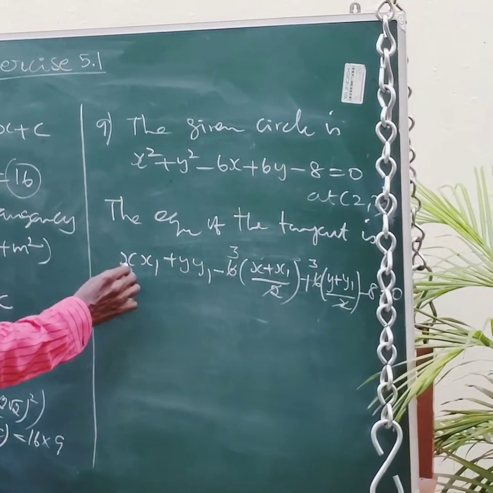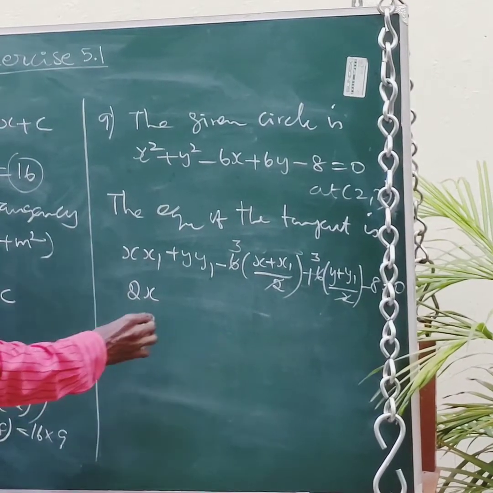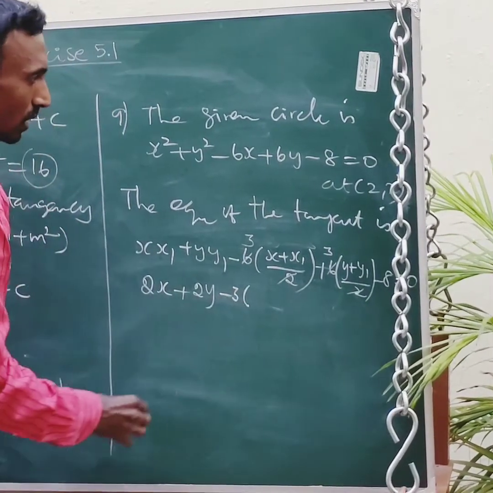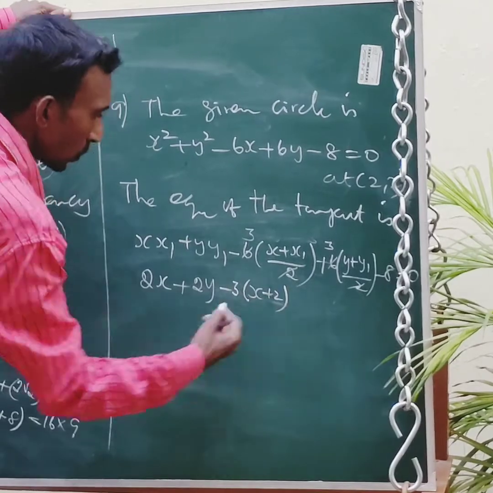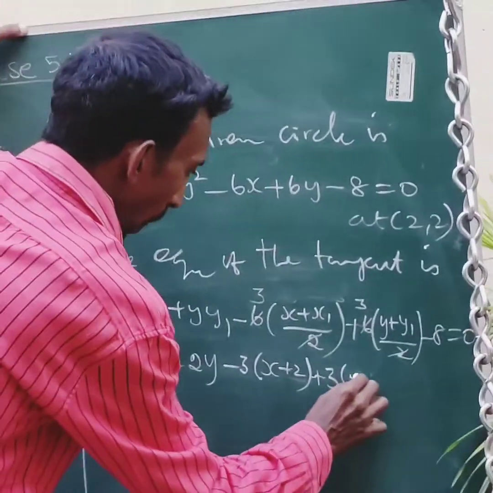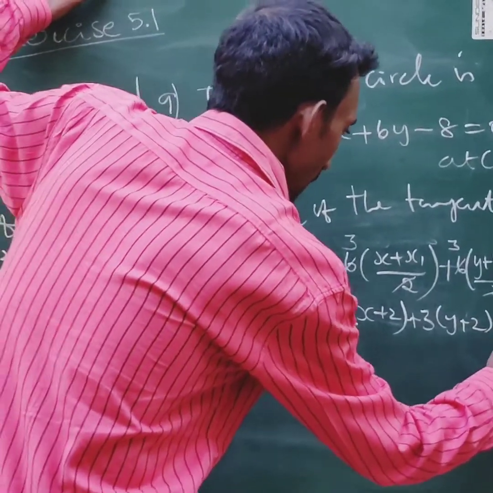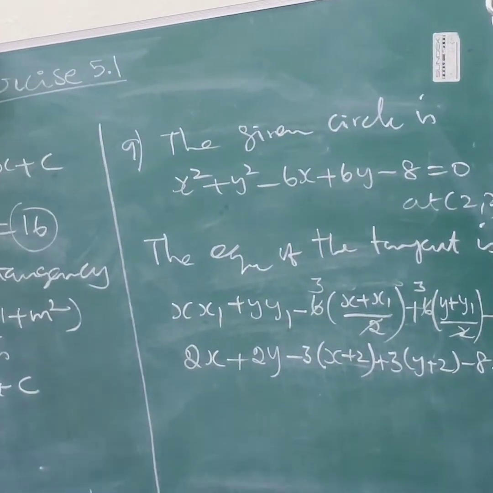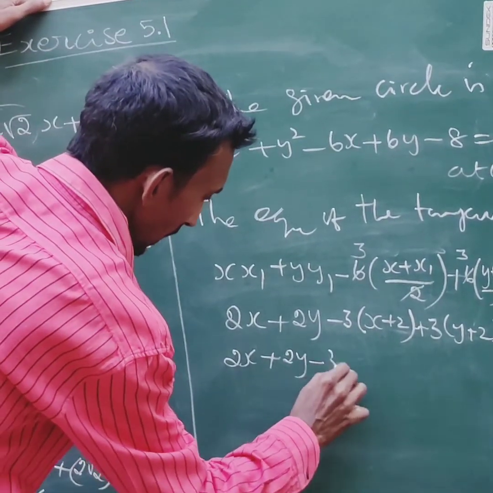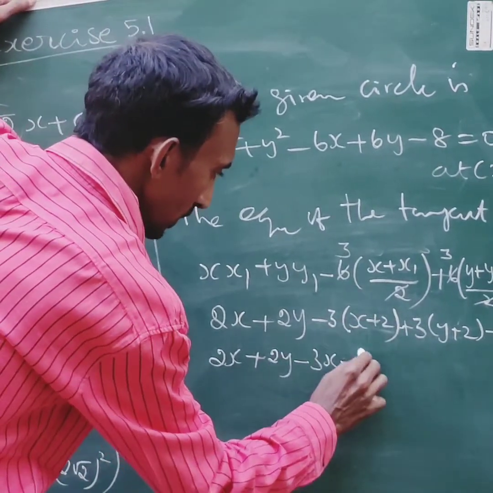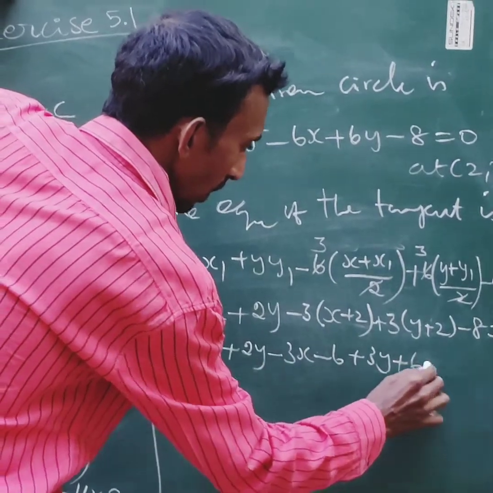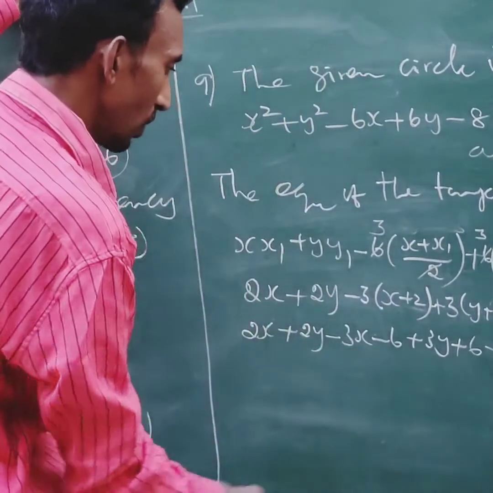Put it here: 2x plus 2y minus 3 into x plus 2, plus 3 into y plus 2, minus 8 equal to 0. So 2x plus 2y minus 3x minus 6 plus 3y plus 6 minus 8 equal to 0.